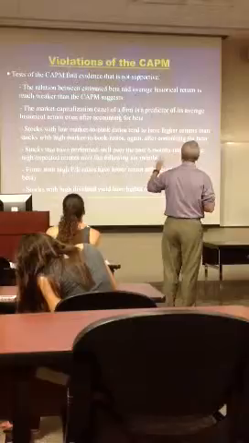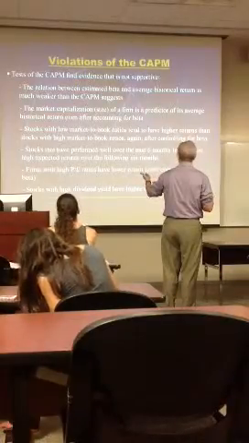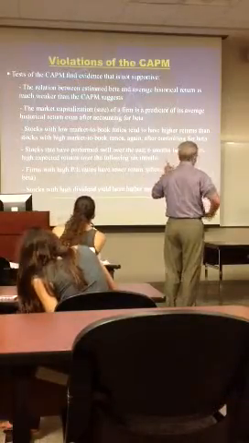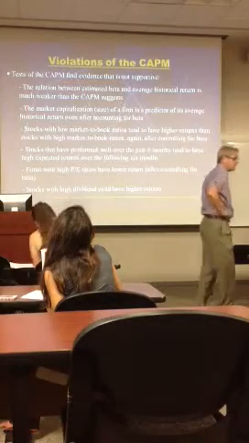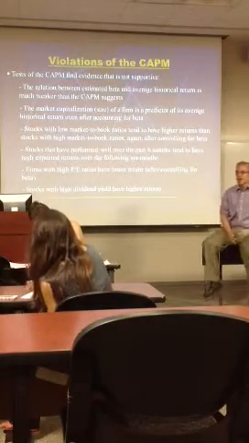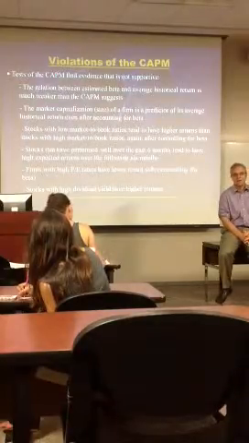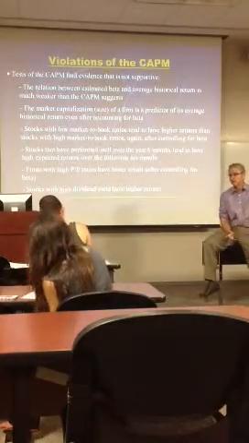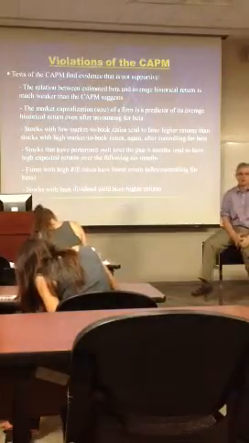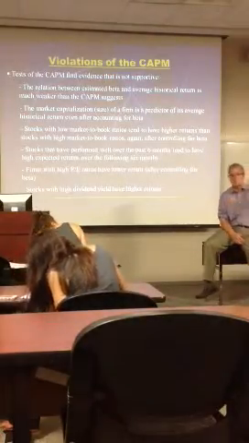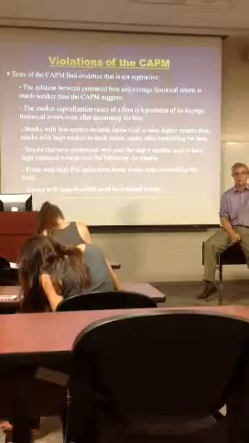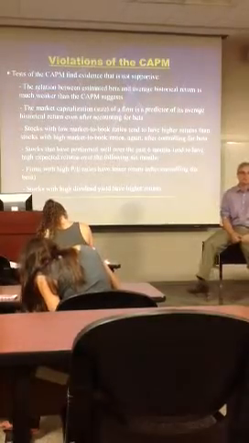Market capitalization or size of a firm is a predictor of its average historical return, even after accounting for beta. Here's the point. If small stocks outperform large stocks on average, would you find that to be surprising? Not necessarily. You might say small stocks are riskier. Okay? Of course we'd expect small stocks to have higher average return.